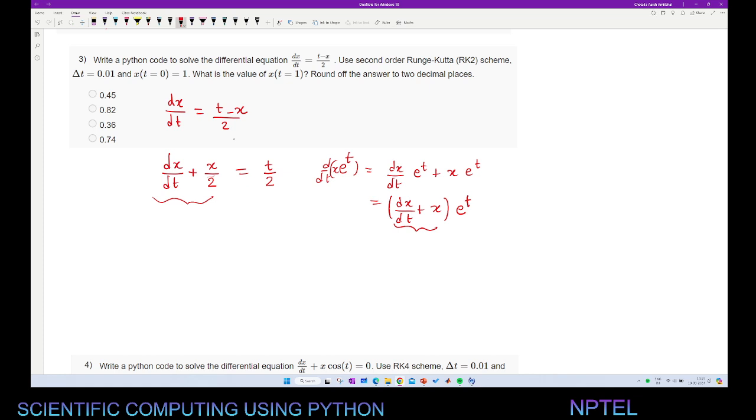For this factor of 2, we should have a factor of 2 here, so that this becomes e to the power t by 2, and then when you differentiate this exponential, you have a factor of 2 here.